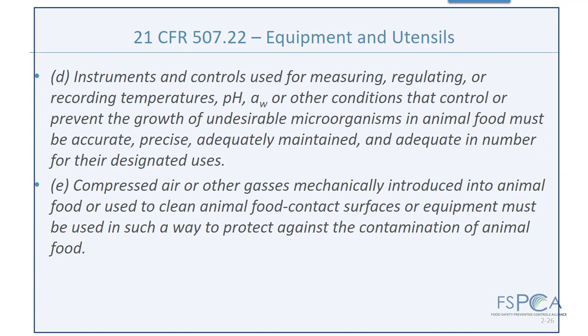So that's a very simple design situation that could have easily prevented contamination of a lot of animal food. So think about how you're using your compressed air: should you have a filter, where is your compressed air placed, and is it exposing the rest of your facility to contaminants?